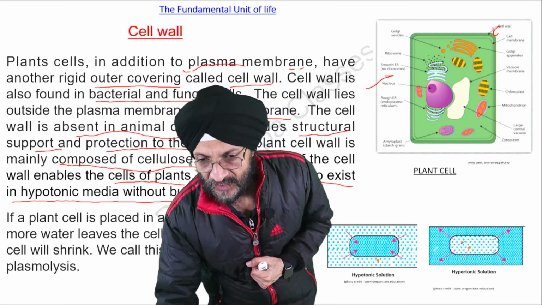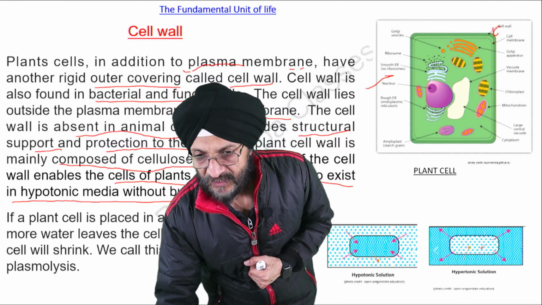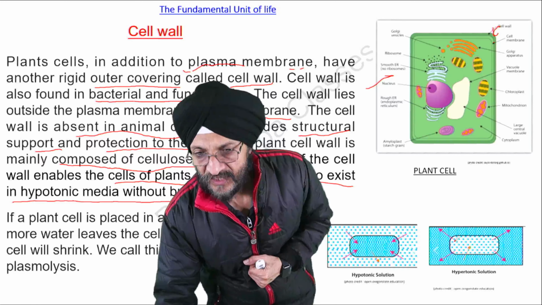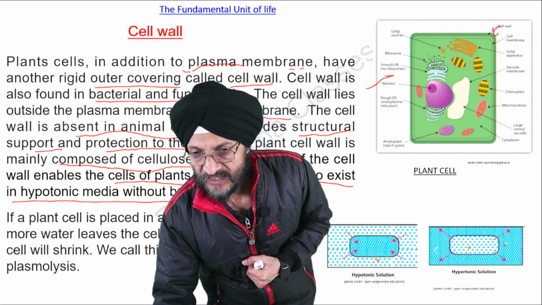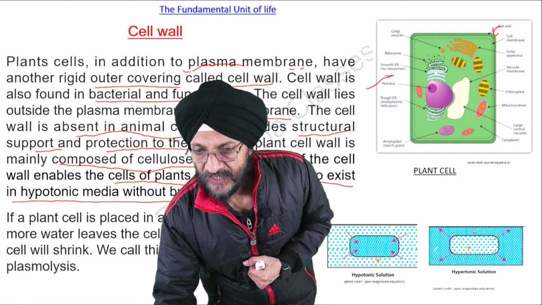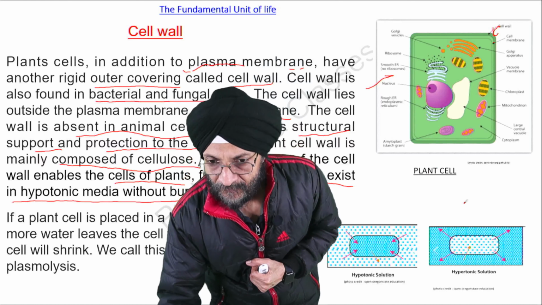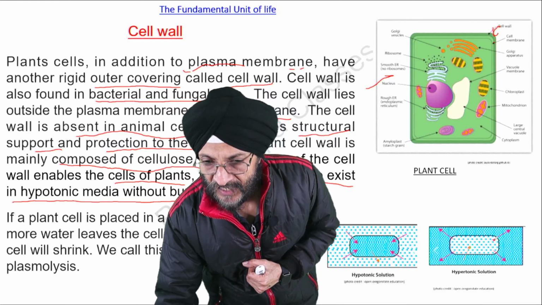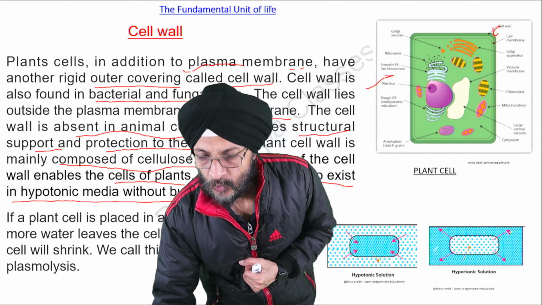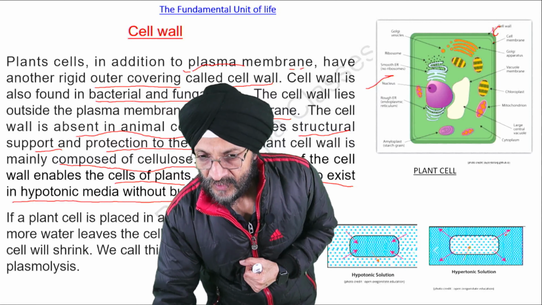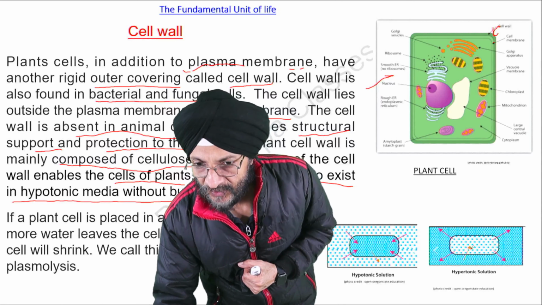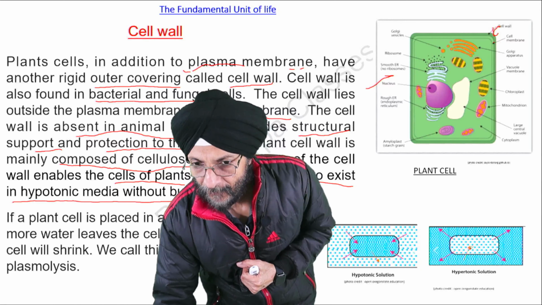You can see that solutes are present in less quantity in the cell, whereas outside the cell solutes are in more quantity. So what will happen? The water will leave from the cell to the outside, and only a small amount of water will come in.